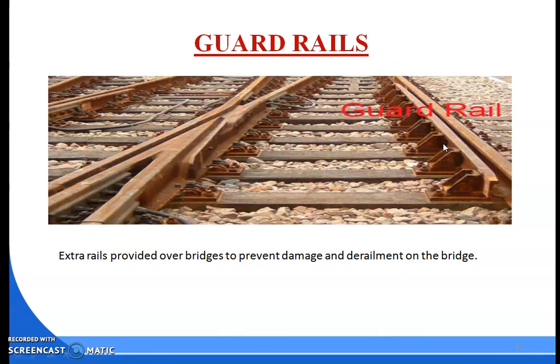This exists to ensure that the wheels follow the appropriate flangeway through the frog and the train does not de-align. So guard rail is basically provided to repair the damage or to prevent the de-alignment on the bridges or to maintain the track.